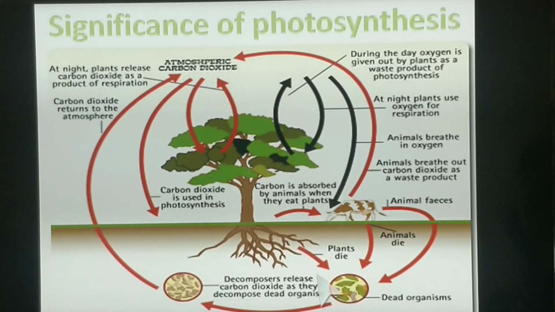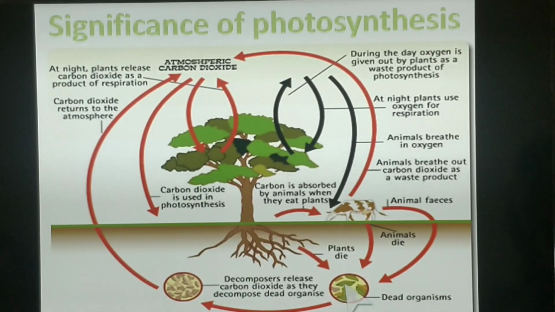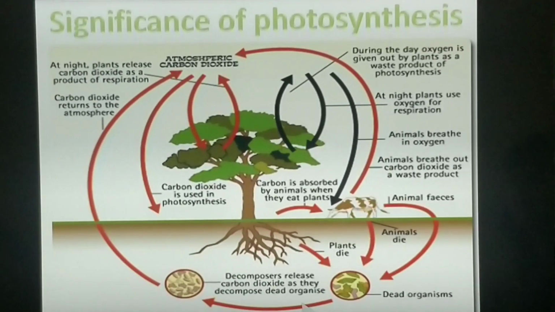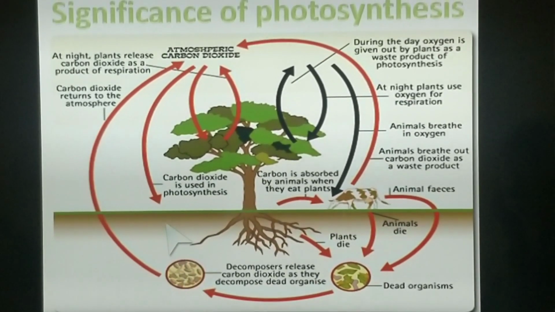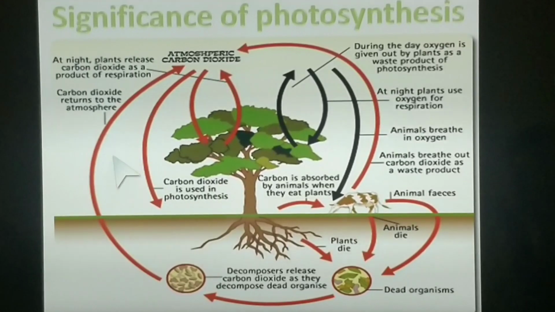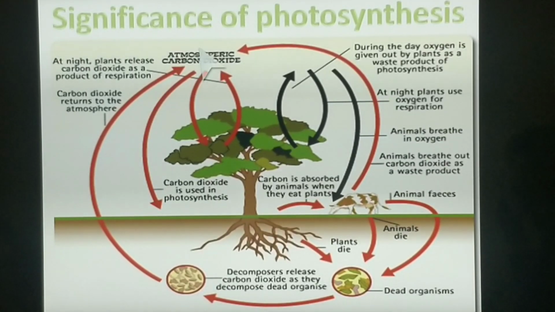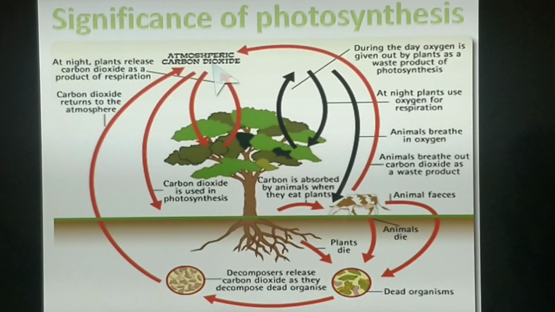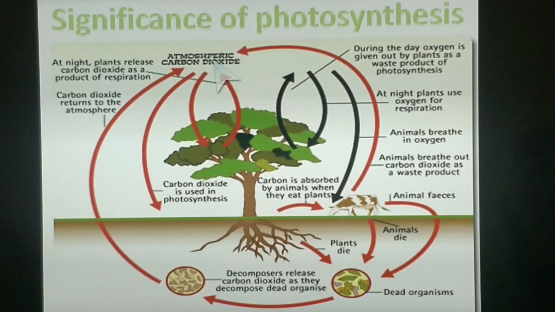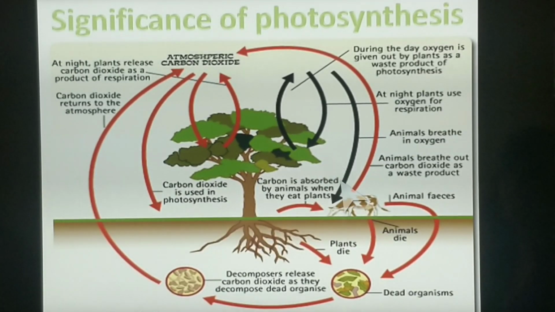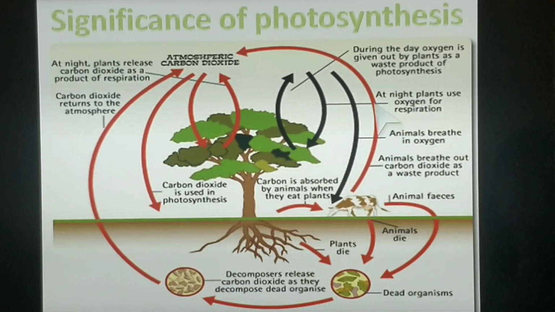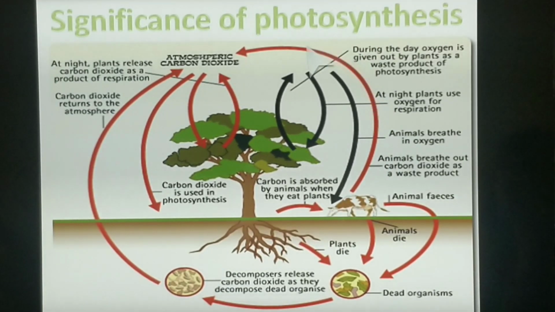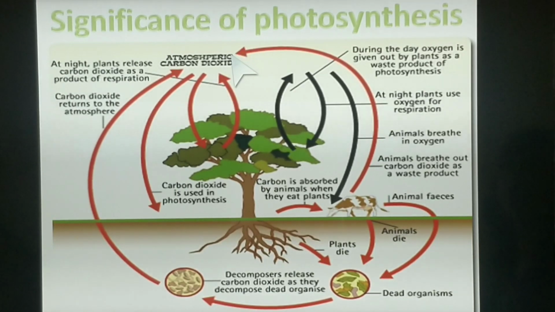The feces of animals and the bodies after their death and the plant bodies after their death are decomposed by the microorganisms. During the process of decomposition, carbon dioxide is released. This carbon dioxide mixes into the atmosphere. Animals breathe out carbon dioxide, and this also mixes in the atmospheric carbon dioxide.